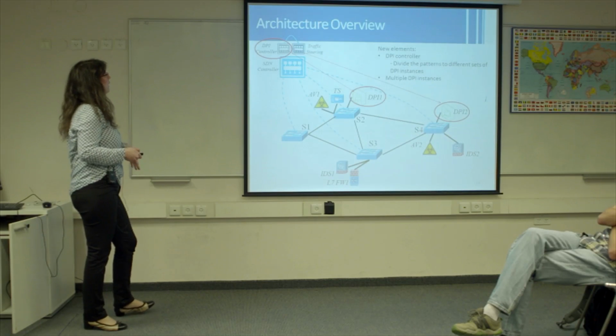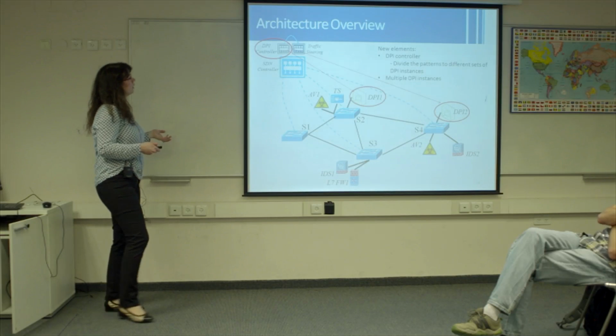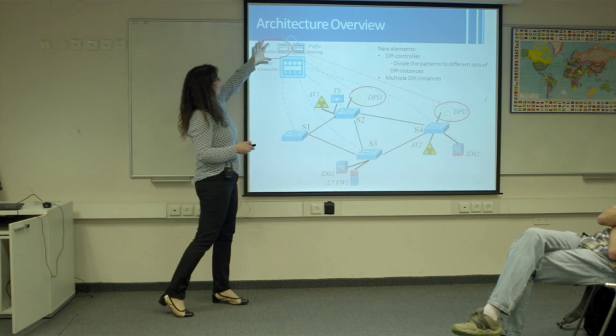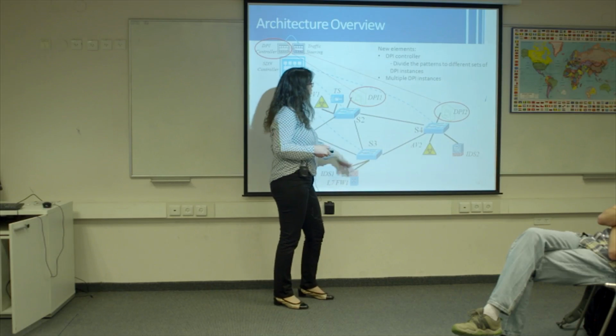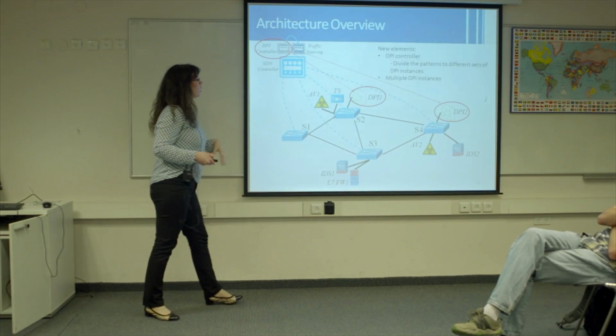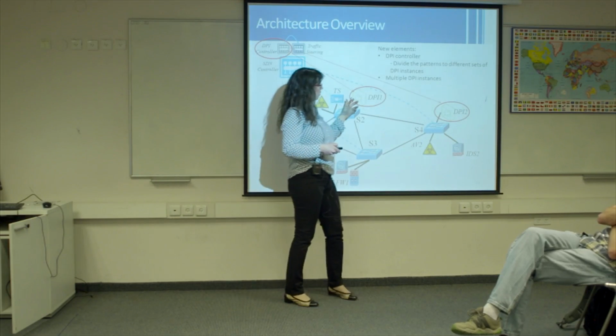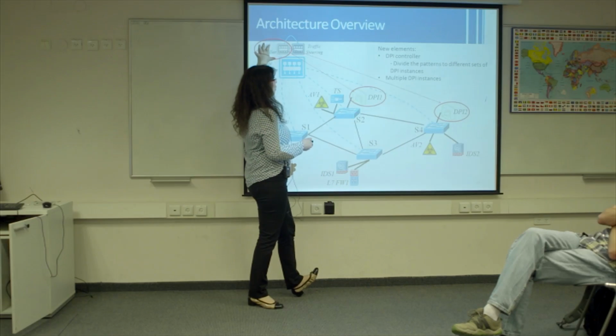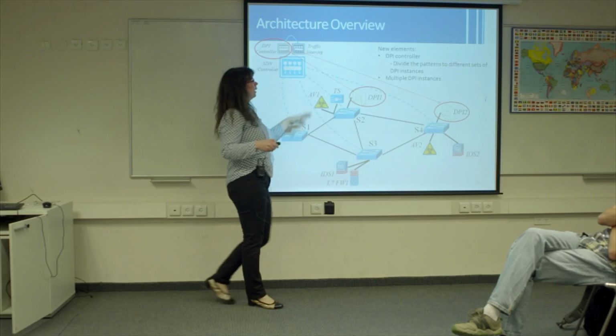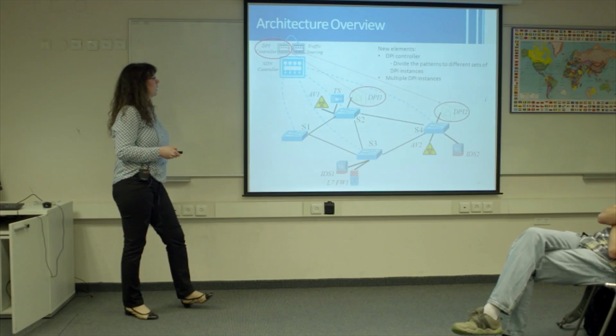If we look at the architecture, we see that we have a new element. We need a DPI controller. The DPI controller will receive the set of patterns from the relevant middle boxes. We can also have several DPI instances. So in this case, we'll also have the work of dividing the patterns among the different DPI instances.